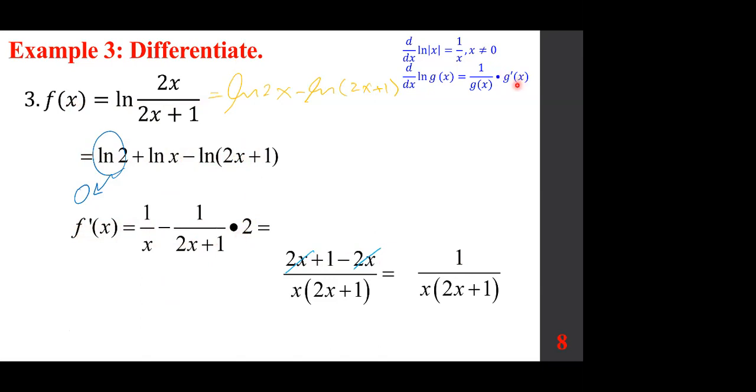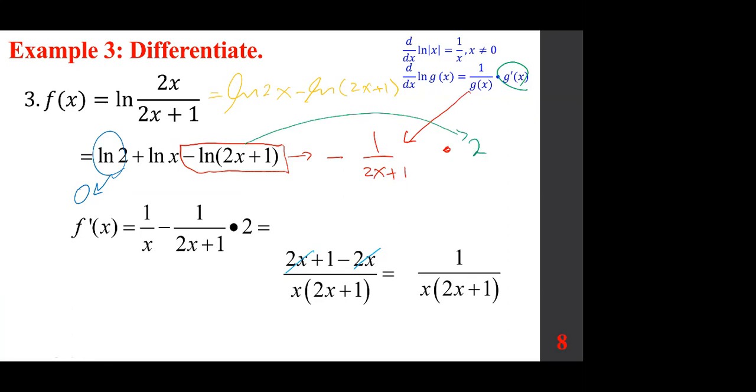Okay, g prime of x. This is minus. Flip this over, right? Times g prime of x. That means the derivative of 2x plus 1. That's where the 2 comes from, by the chain rule. Thank you. My pleasure.